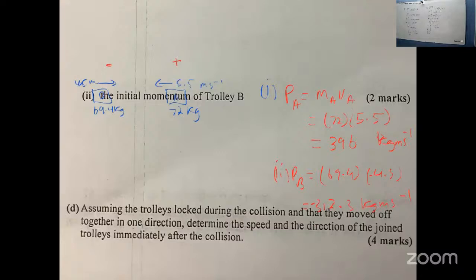So everything we've been doing was before. Now, let's assume after. I will assume we're going this way. So the combined mass of A and B will be 69.4 plus 72, which is 141.4 kilograms. That's the combined mass. Everybody okay? And they're moving together. So we know that momentum before equals momentum after.